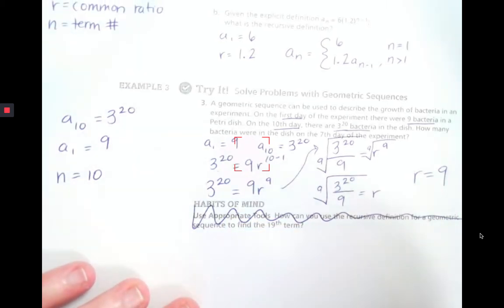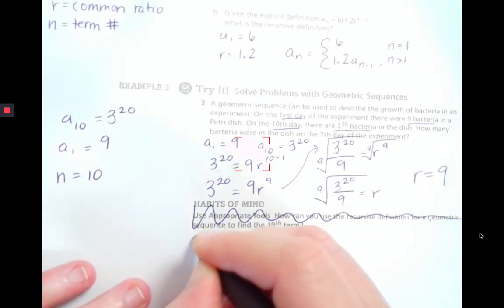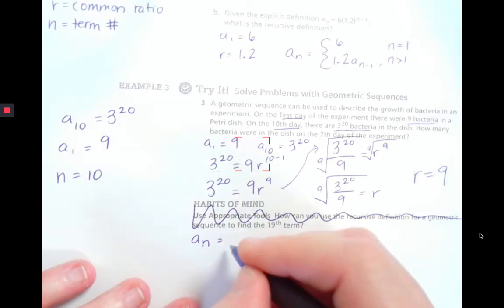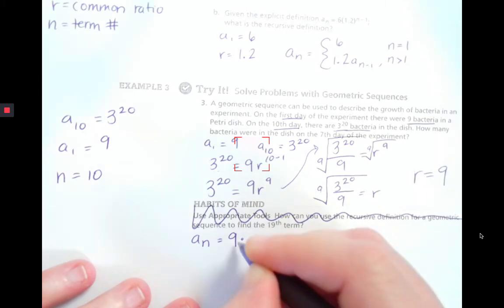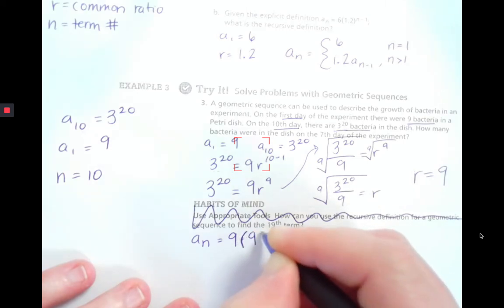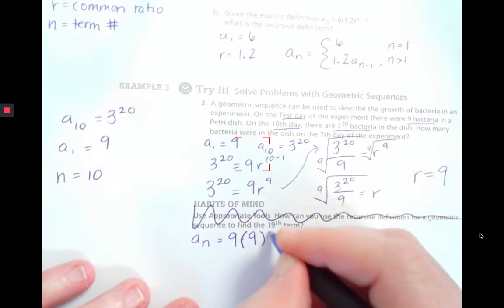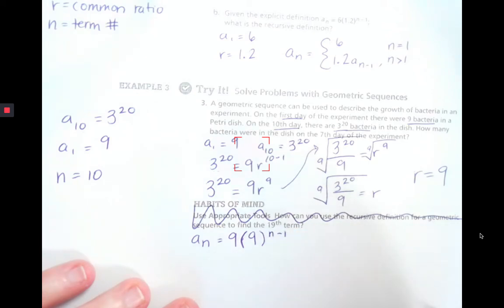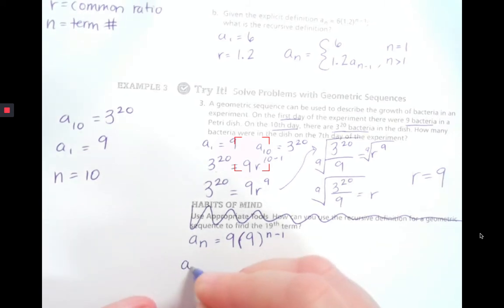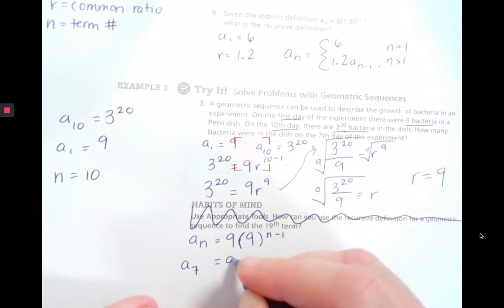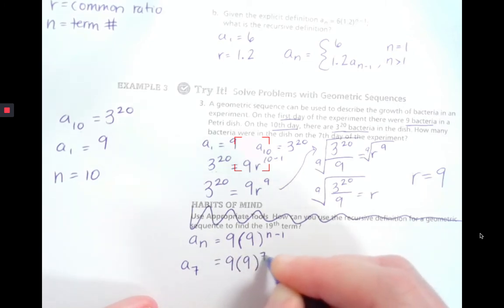So I'm going to write my explicit definition. A sub n is equal to 9 times, or we can put parentheses, 9 raised to the n minus 1. I need to know what it was on the 7th day. So A sub 7 is equal to 9 times 9 raised to the 7 minus 1.